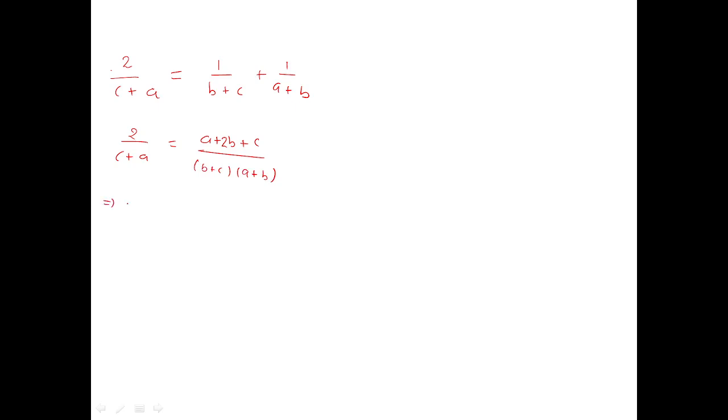Here we will get 2 times (ba plus b square plus ca plus bc) is equal to ac plus 2bc plus c square plus a square plus 2ab plus ac.